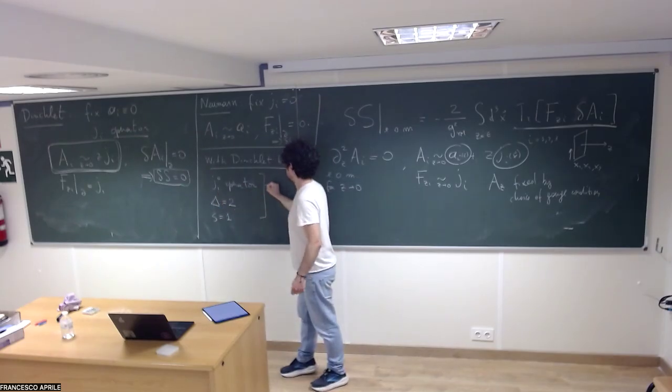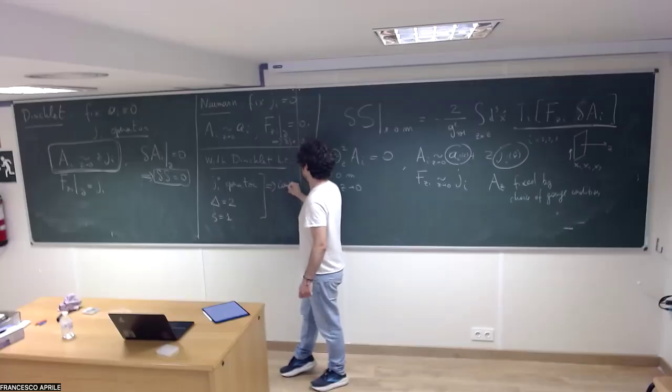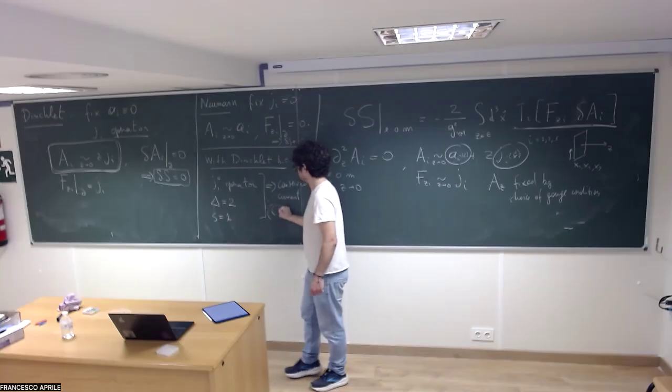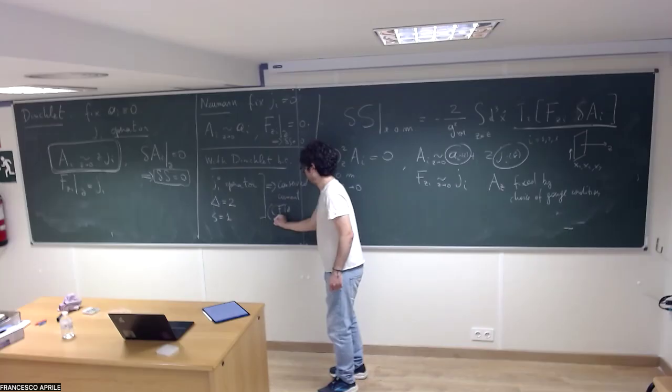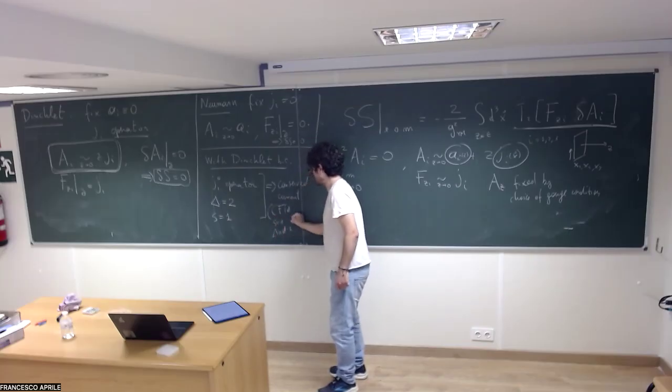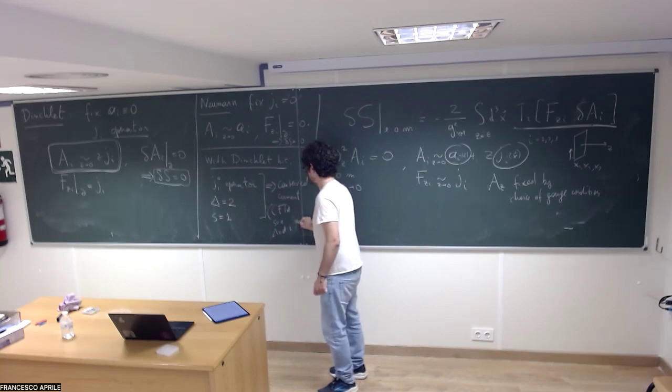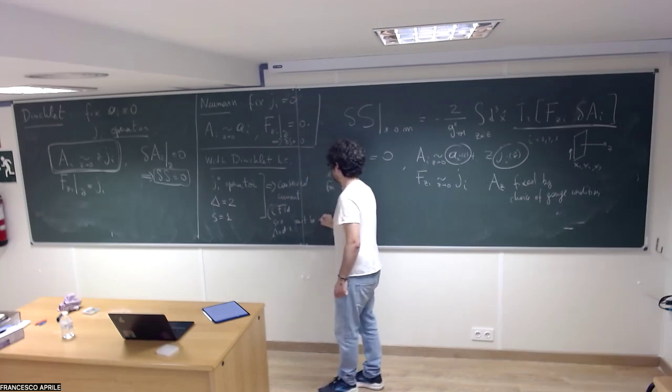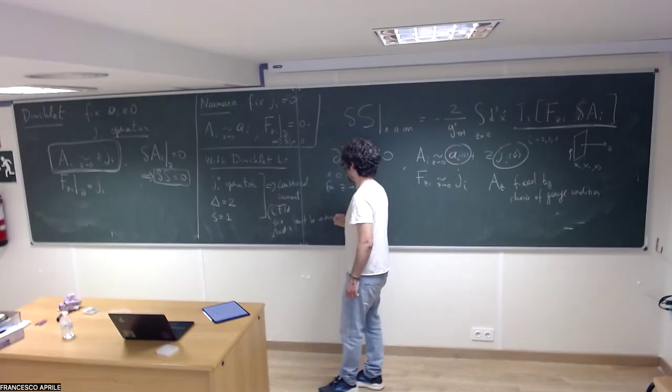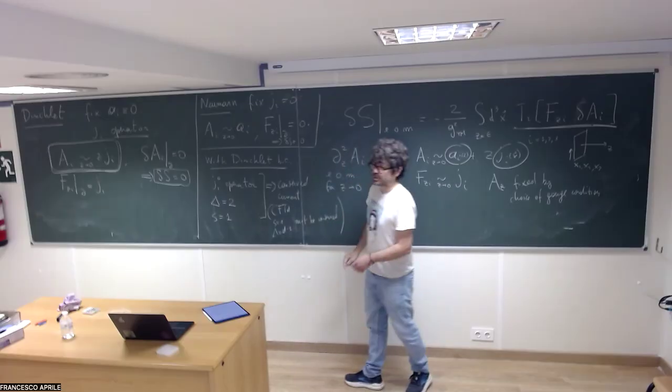And this means that it is a conserved current. If you're not familiar with this part, in general in CFT_d, if you have spin 1 and dimension d-1, you must be conserved, if you want to be unitary.